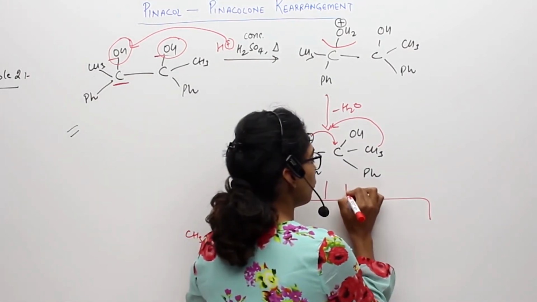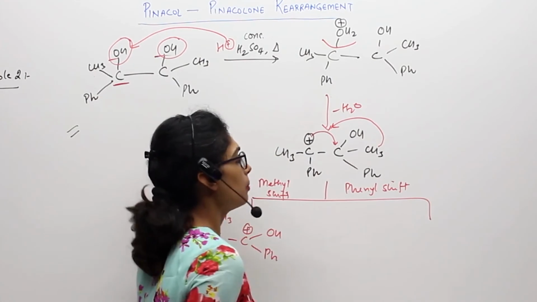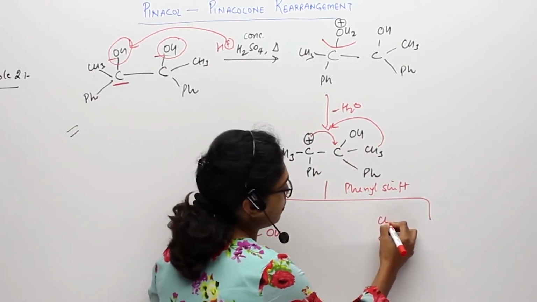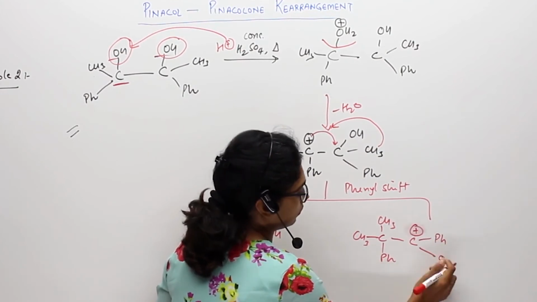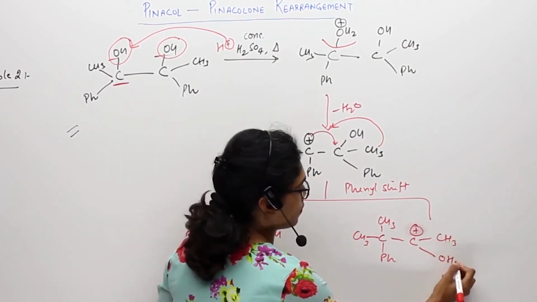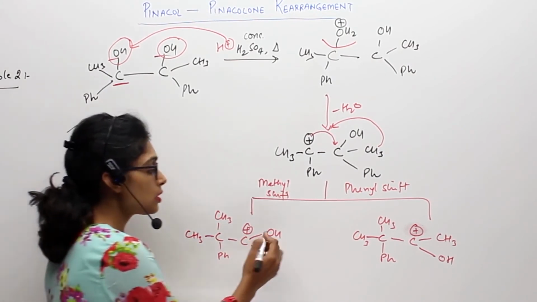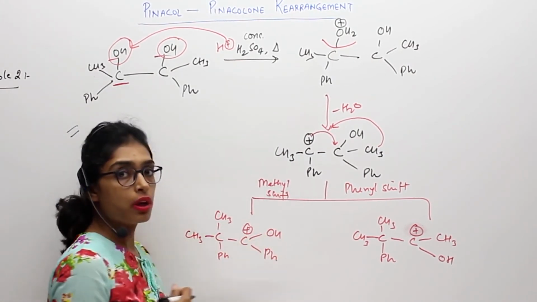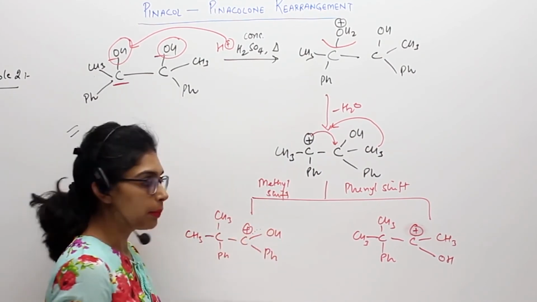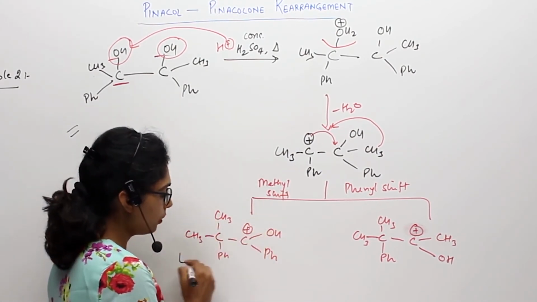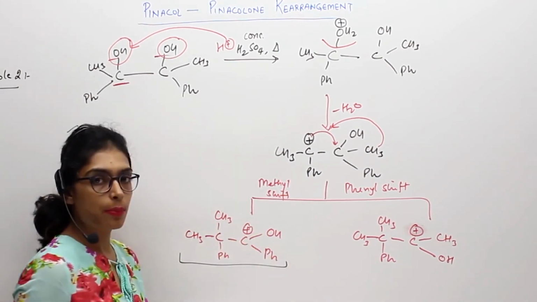And when the phenyl shift is happening, my molecule will look like this. Now, what is going to be the next step? The next step is the removal of hydrogen due to the mesomeric effect and the bond formation between oxygen and carbon. Now look at this scenario where CH3 has shifted and benzene is still present here.